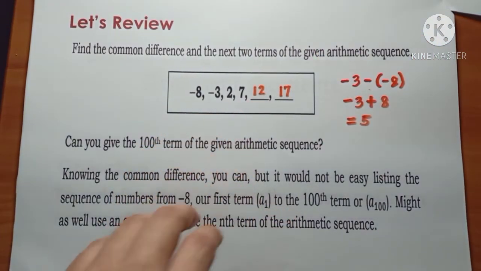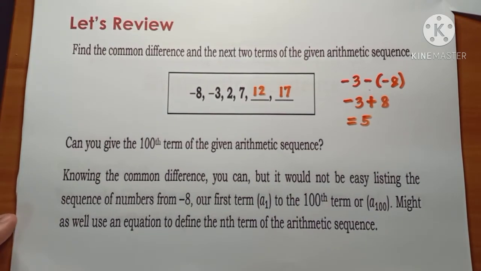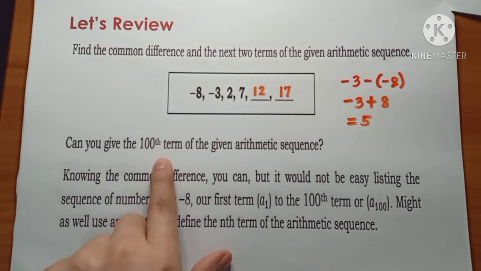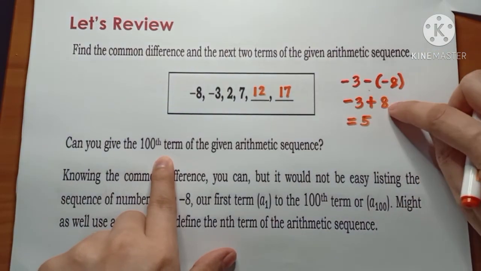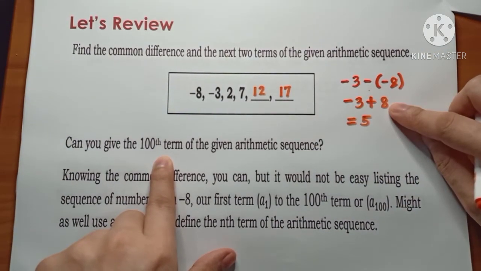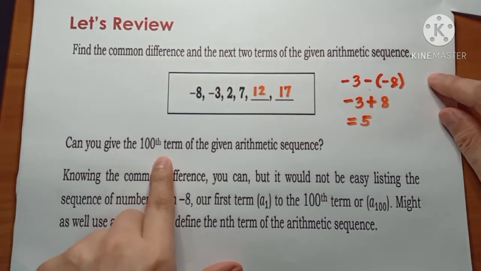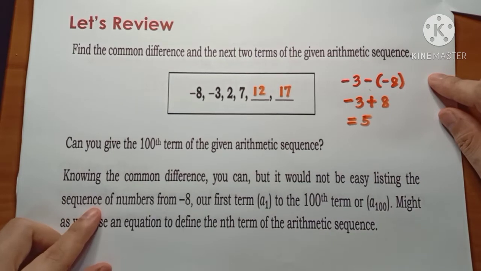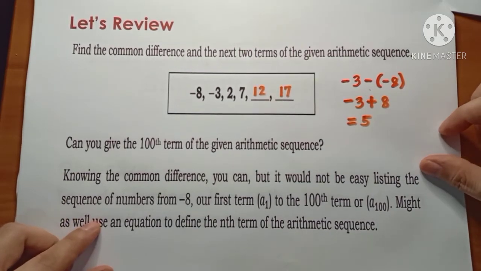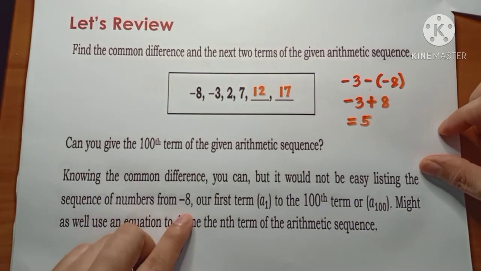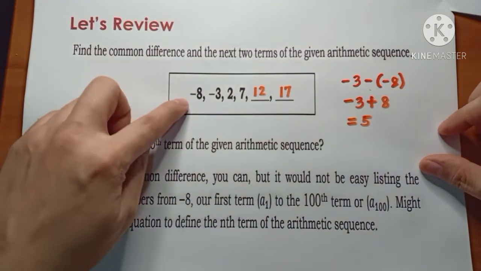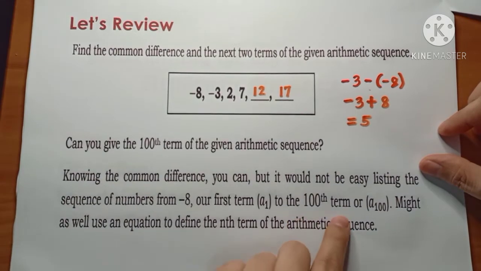Okay. So, can you give the 100th term of the given arithmetic sequence? So, of course, kung isusulat man natin yung 100th term, mahihirapan tayo kasi pag 100 na yun, sobrang dami, so mahihirapan na tayo. So, knowing the common difference, you can, but it would not be easy listing the sequence of numbers from -8, our first term, to the 100th term or a sub 100.